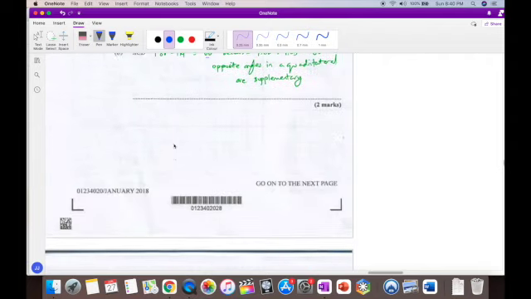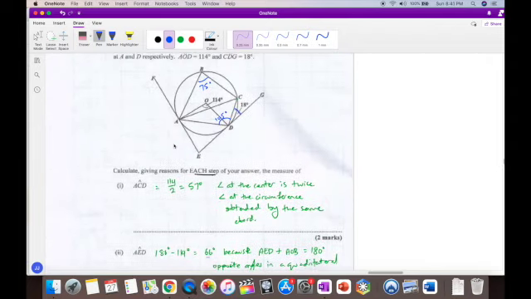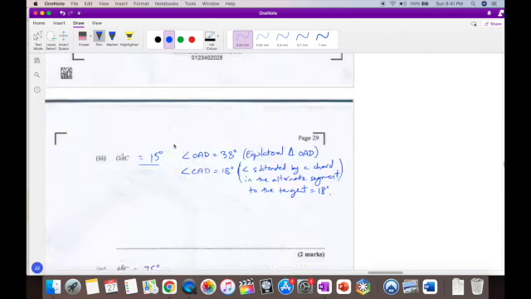And the reasons that we will put that ADC is 105 degrees.